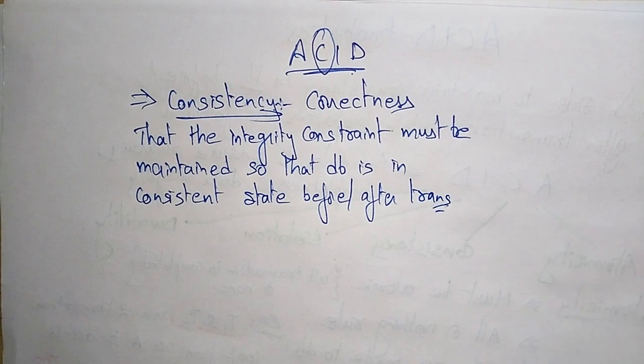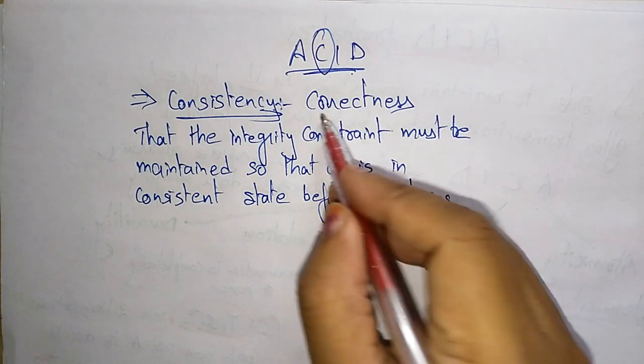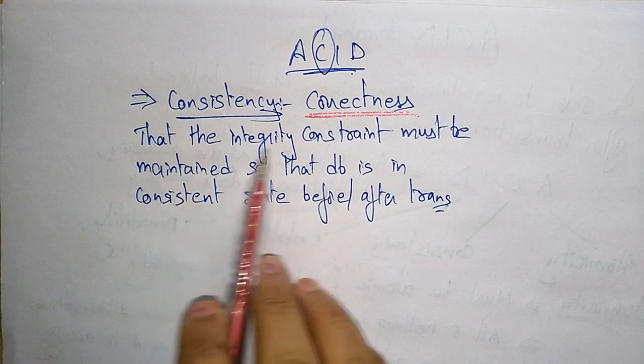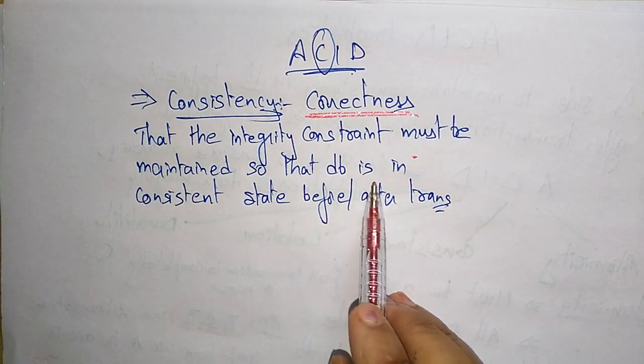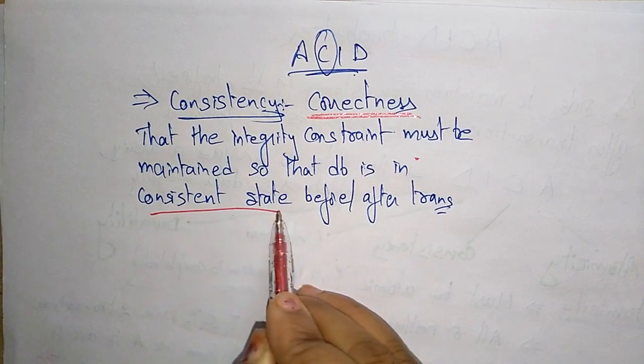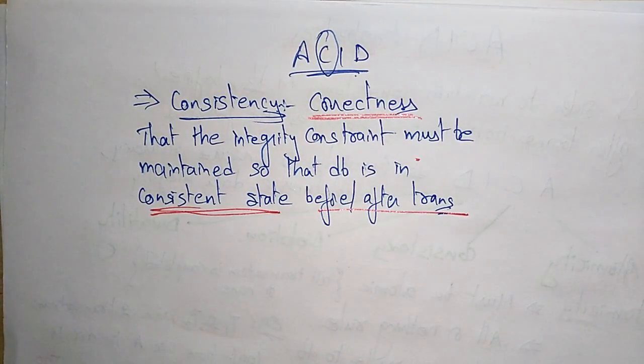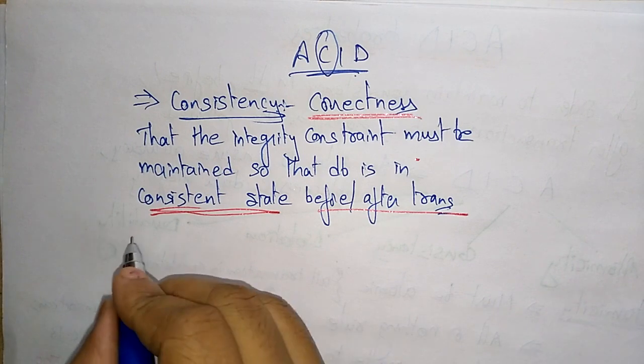So it is saying that consistency, which you call correctness, means the integrity constraints must be maintained so that the database you're using is always in a consistent state before or after transactions. You have to make sure that after the transaction also it is in a consistent state. Let us take an example.